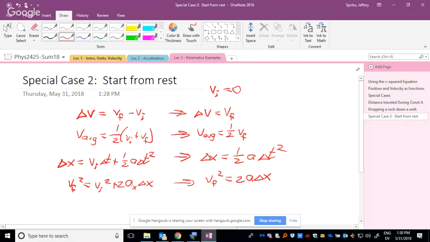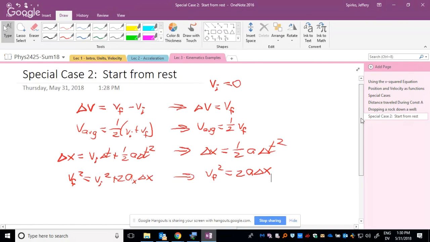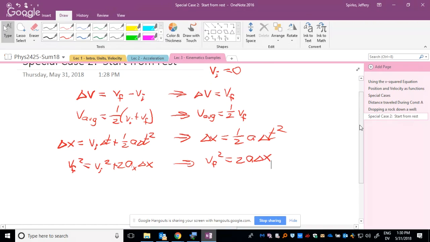So we actually kind of like situations where your object is starting from rest. It simplifies all the rest of our equations. And it's actually very symmetric with the process of coming to a stop.